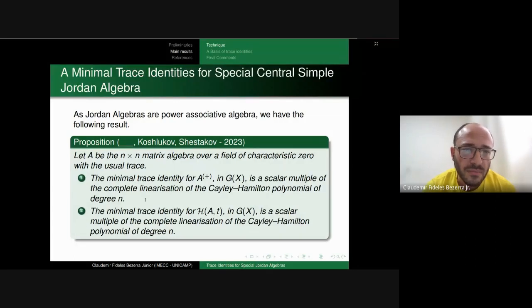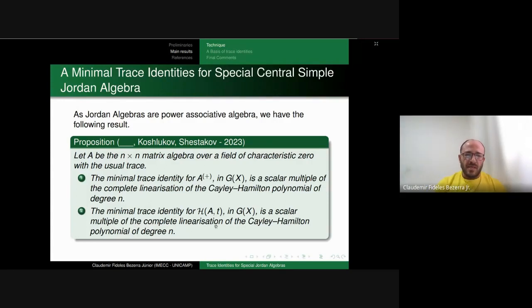As a consequence of this result, and because the Jordan algebra is a power associative algebra, Procesi, Shestakov, and myself obtained this result. We consider the matrix algebra over a field of characteristic zero with the usual trace.